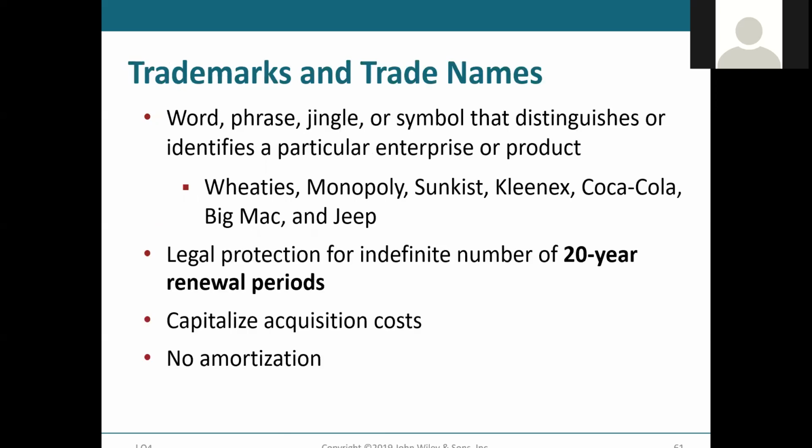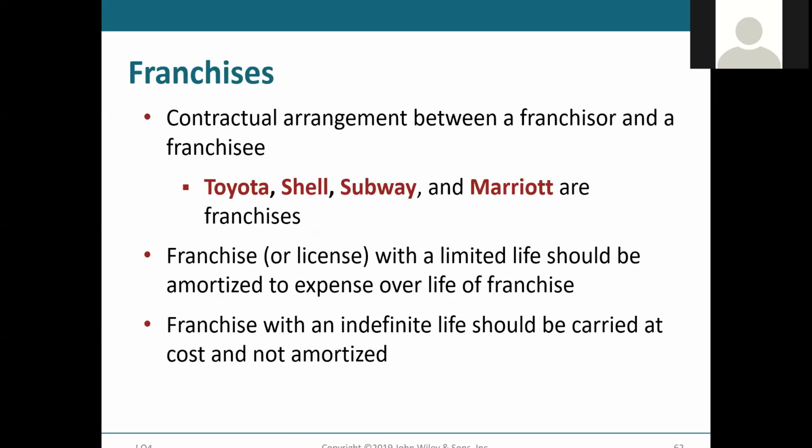Trademarks, jingles, a phrase, Coca-Cola, Big Mac, the McDonald's arches. That's an example of a trademark. And these have a 20-year renewal life, and you capitalize them just like anything else. Franchises, Subway, McDonald's, Marriott.